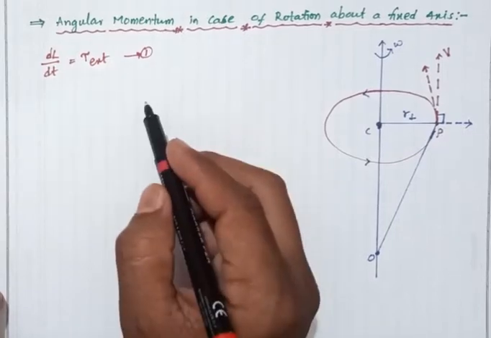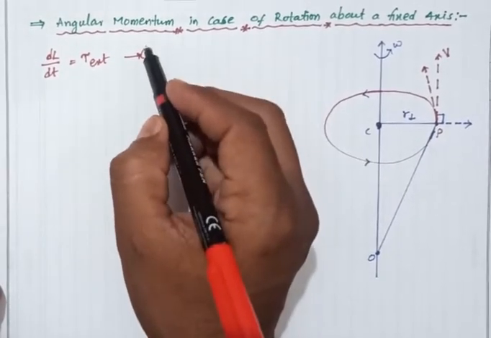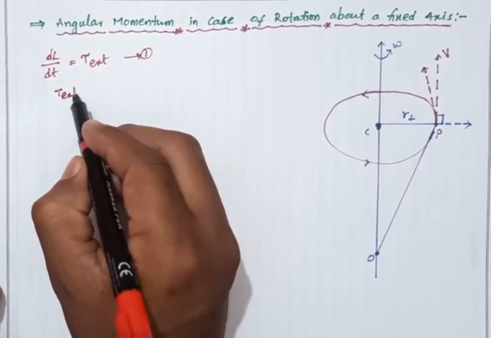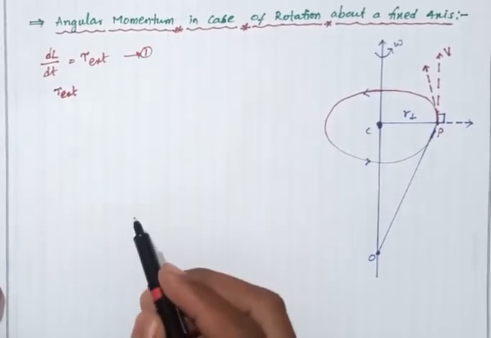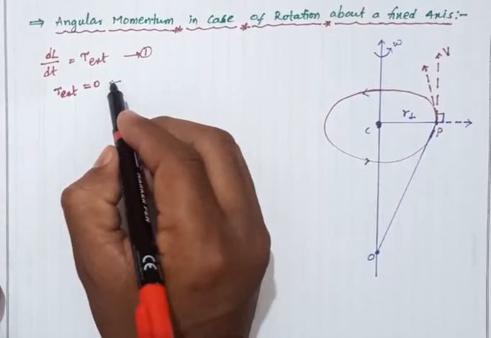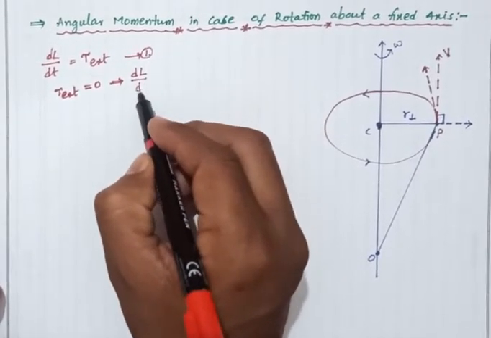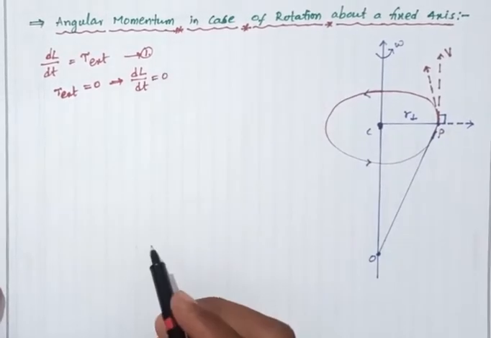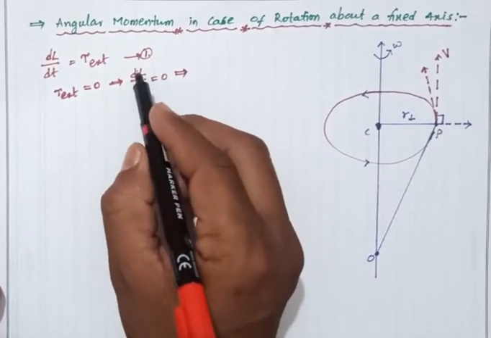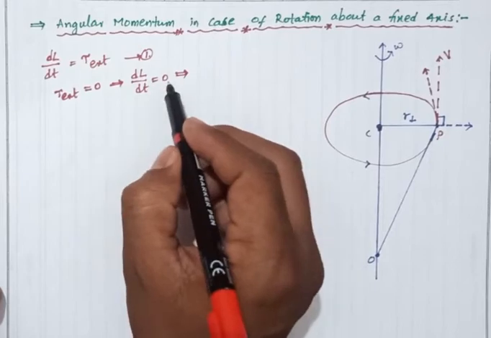Okay, when the external moment of force on a system of particles or a particle is 0, what is equation number 1? dL by dt equals 0. That means there is no change in angular momentum. Change in angular momentum equals 0.